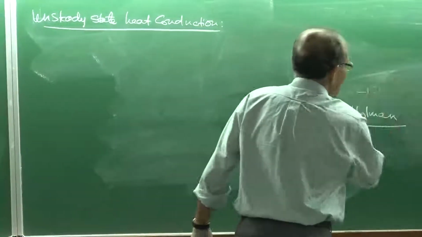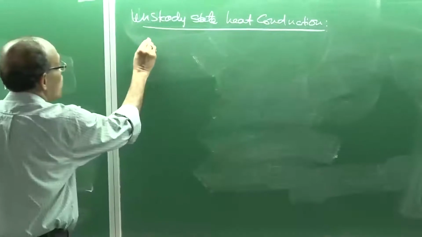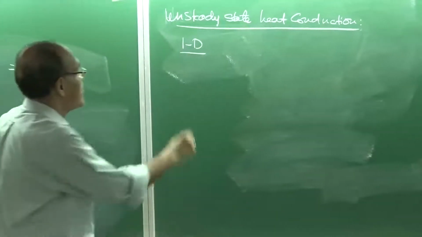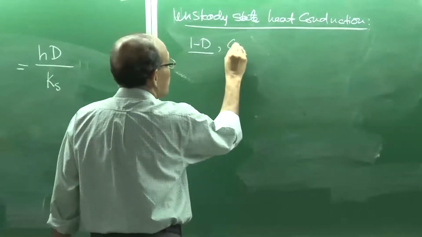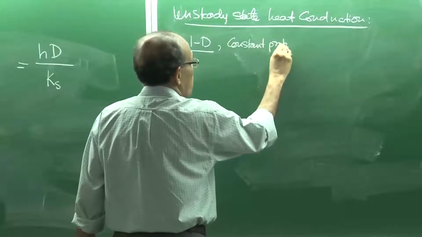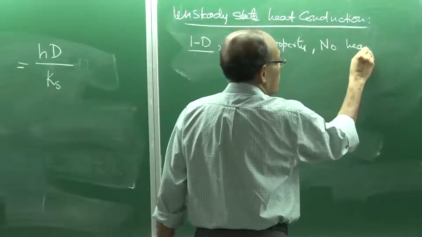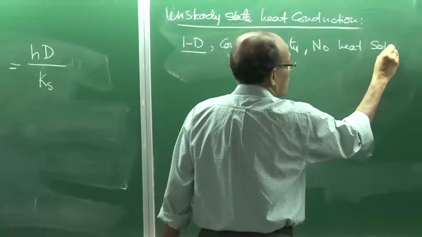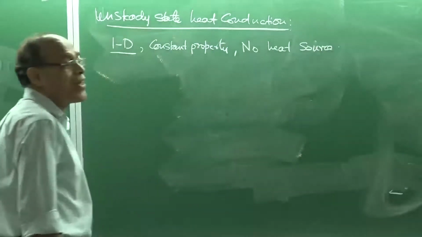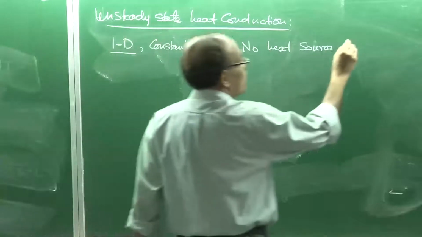So, let us now look at unsteady state heat conduction, and we pose the problem in 1 dimension, but it is unsteady state. We still continue with constant properties, no heat source, and I will demonstrate this discussion with reference to the Cartesian coordinate system.